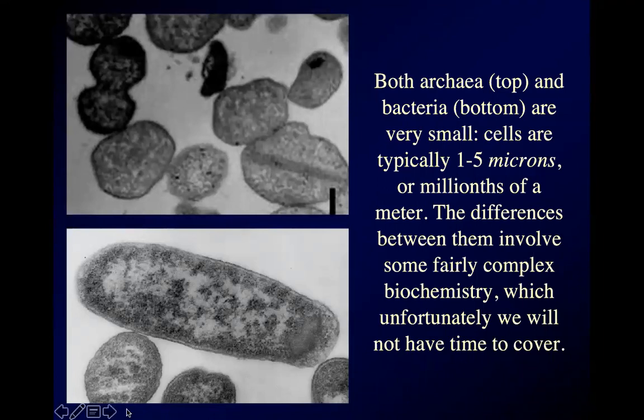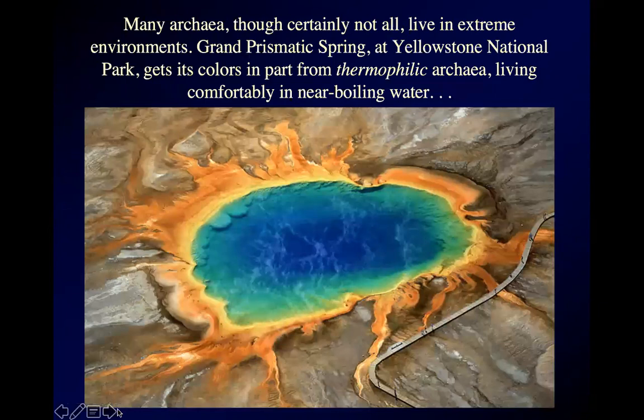This is why the gods gave us Wikipedia. You can look this up if you need to know about ether-linked membrane phospholipids instead of ester-linked phospholipids. The only thing I'm really going to say about archaea is that the most famous ones live in extreme environments.